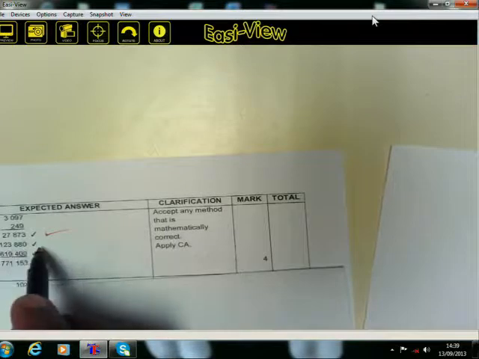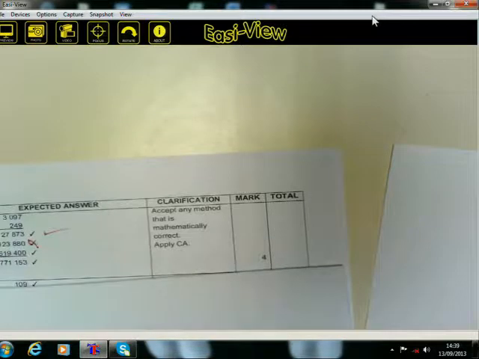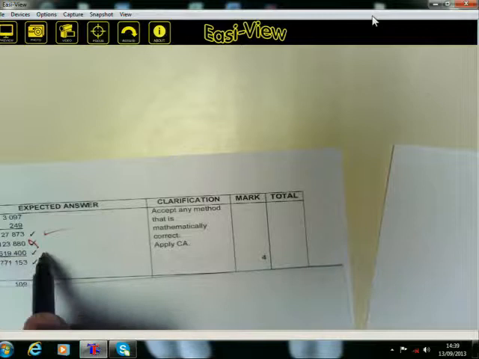Elena multiplies this, she gets it correct. This one, she writes a wrong number. Then you mark her wrong here. And then this one also is right. She gets the correct product, you mark her right.